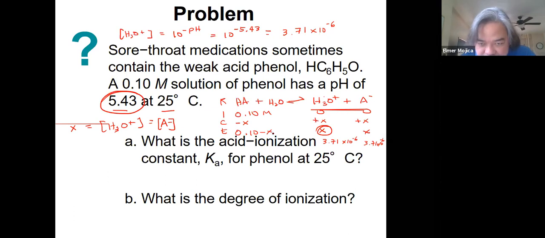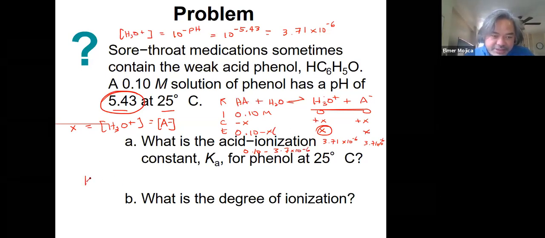So that's the one that you're going to use here: 0.1 minus 3.7 times 10 to the negative 6. So the Ka will be equal to H3O plus times A minus over HA.